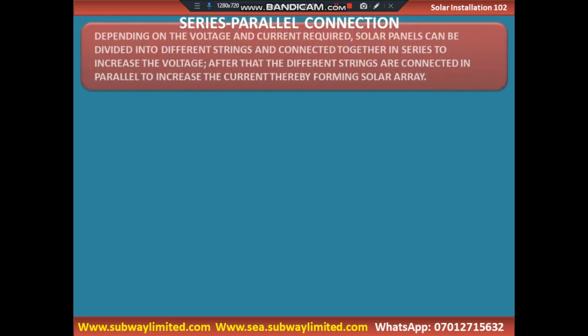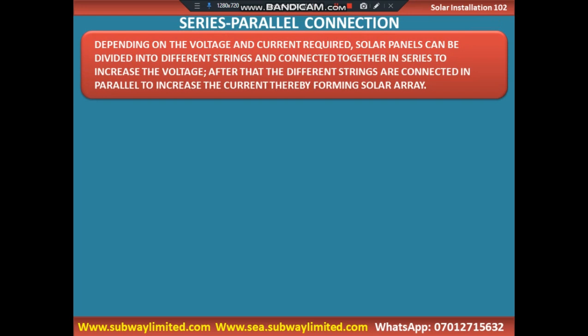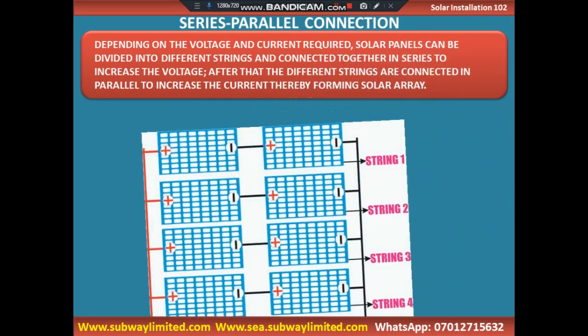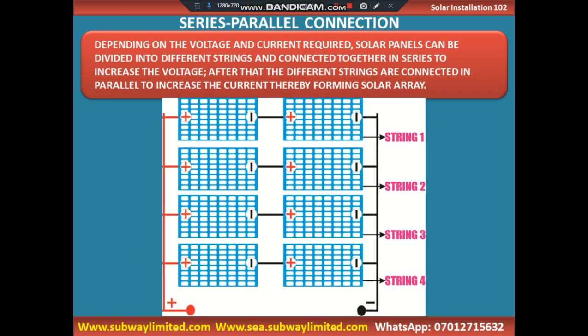So depending on the voltage and current required, solar panels can be divided into different strings. We know what a string is, connected together in series to increase the voltage. After that, the different strings are connected in parallel to increase the current, thereby forming a solar array.